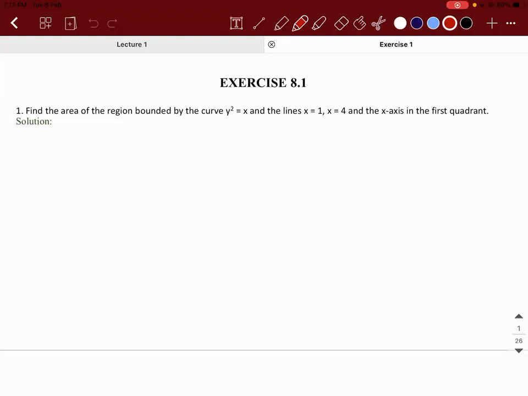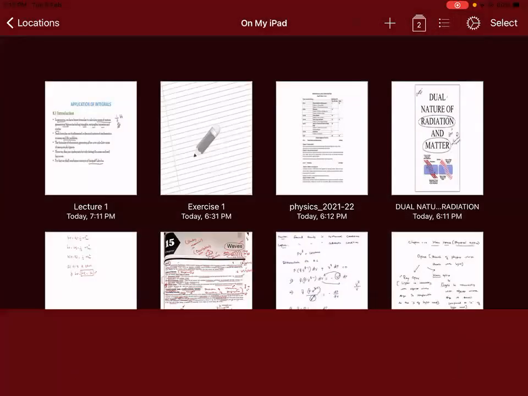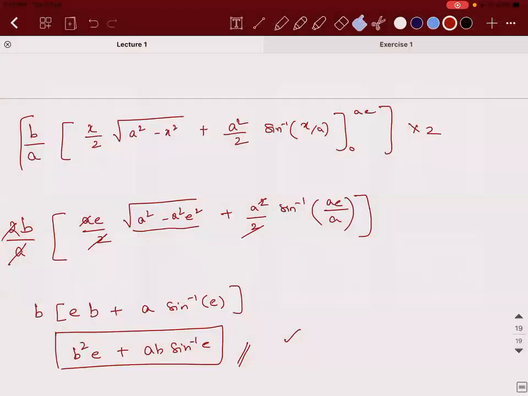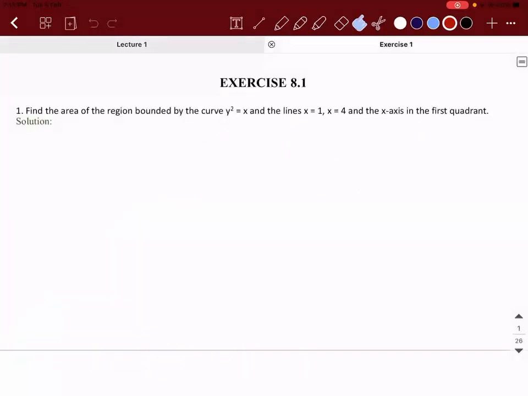Parts of the second one are deleted. Last year's exercise 8.2, the area between two curves, is that there or deleted? Yes, the sums are deleted. So it's better I teach you, not a big deal. It's not rocket science. It's a simple thing, but I was just curious to know whether it is there or not. Anyways, we'll get started.